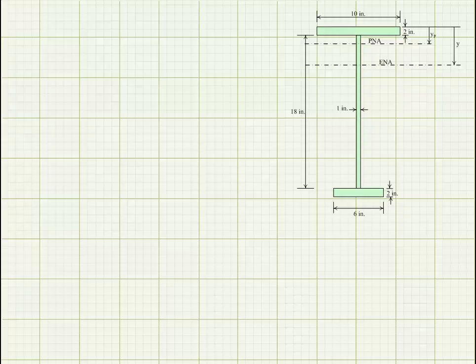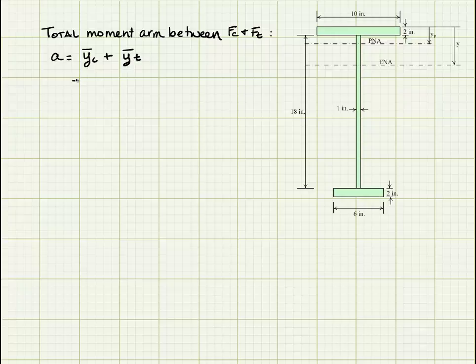So the total moment arm between the tensile and compressive force resultants, little a, is just going to be that distance that we calculated for the centroid of the compression piece measured from the plastic neutral axis, and the centroid of the tension part measured from the plastic neutral axis.